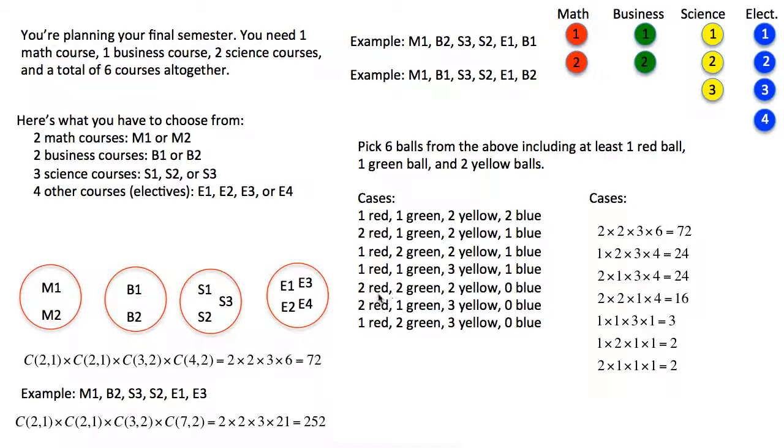Come down to case 5, 2 reds, 2 greens, 1 way to choose the 2 reds, 1 way to choose the 2 greens, 2 of the 3 yellows, 3 ways, no blues, choosing no things from 4 can be done in just 1 way, the empty set. 3 possibilities there, and similarly you think through the last 2 cases and you get 2 possibilities with 2 reds, 1 green, and 3 yellows, and 2 more with 1 red, 2 green, and 3 yellows.